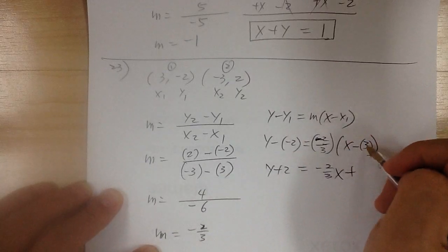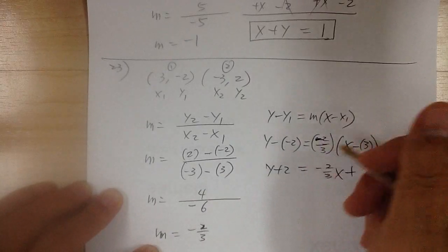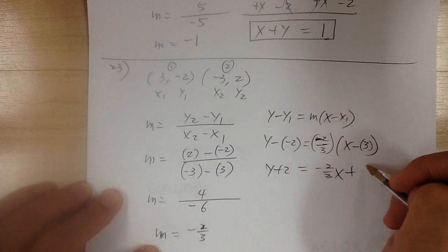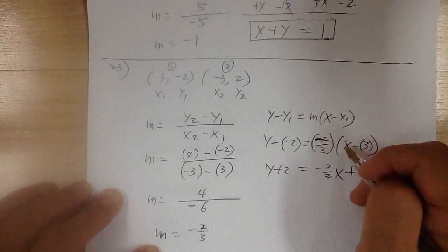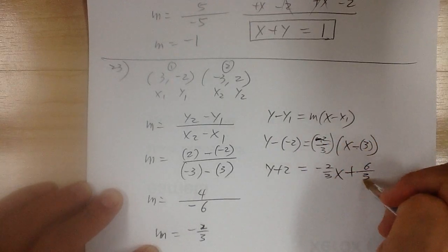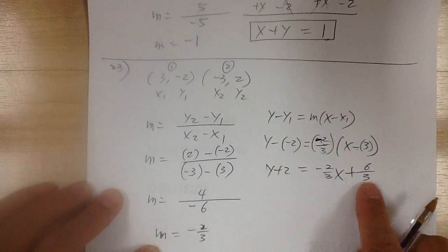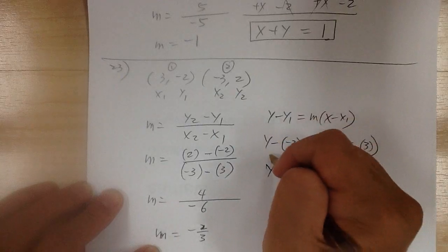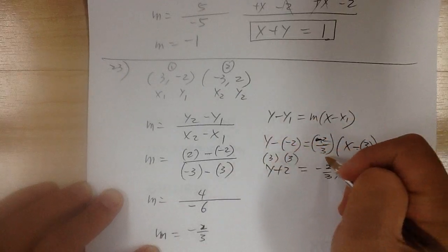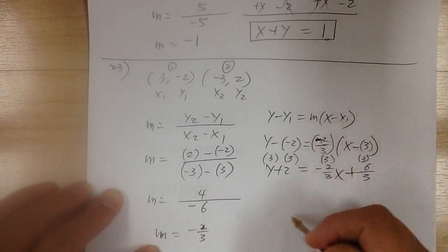And don't worry about canceling things out, just because you're going to multiply by the common denominator anyway, right? So negative times negative is positive, so 2 times 3 is 6 over 3. Again, you don't have to worry about simplifying at this point because you're going to multiply by the common denominator anyway, right? So don't waste time trying to simplify, okay?